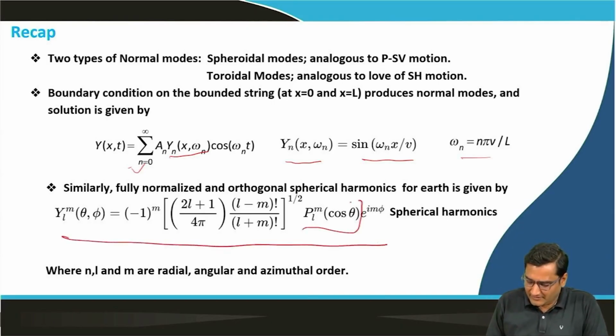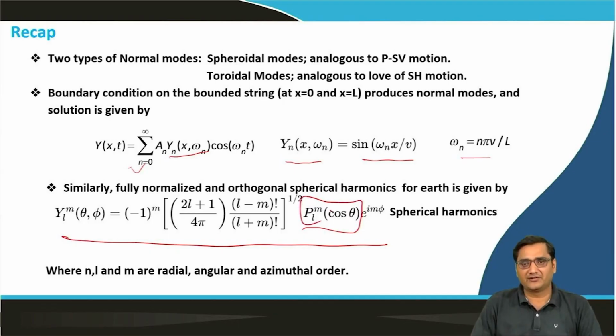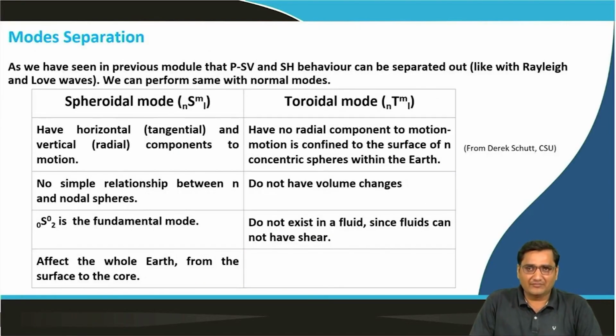Here, this particular expression defines the Legendre polynomial, which is multiplied by another term, that is e to the power i m phi, and this entire expression represents the spherical harmonics, where n, l and m are the radial, angular and azimuthal order. Now let's move on to the topics of today's lecture, where we are first going to discuss mode separation.